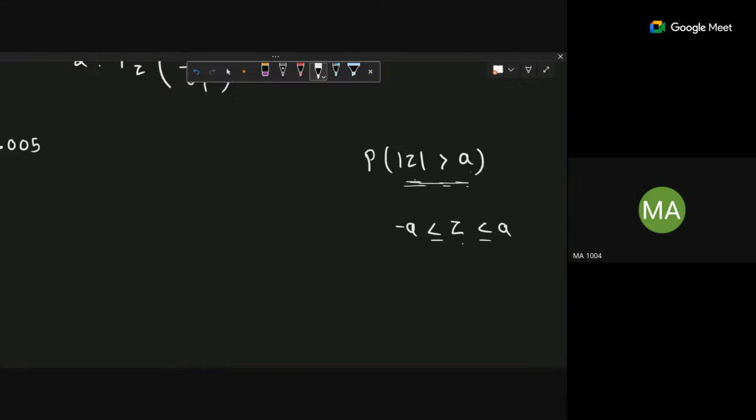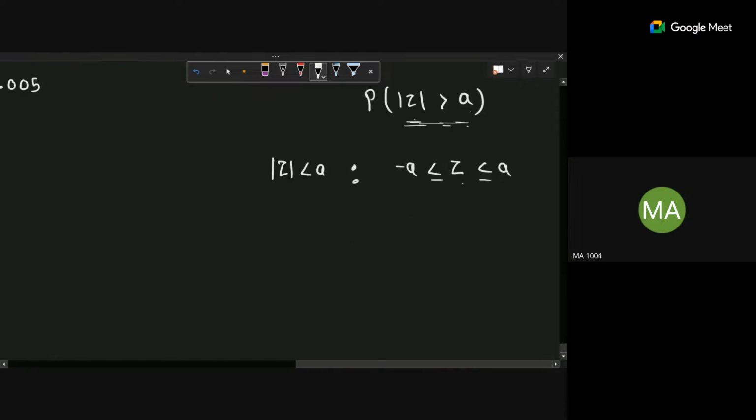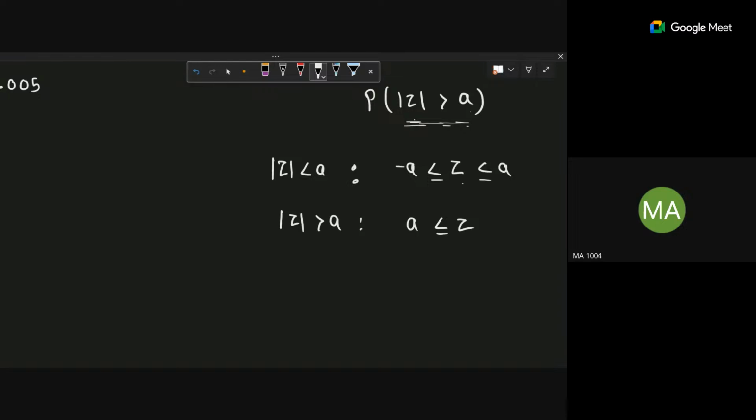Is it modulus Z greater than a here? No, this is for modulus Z less than a, right? But what if your modulus Z is greater than a? So ideally, it should be like this.